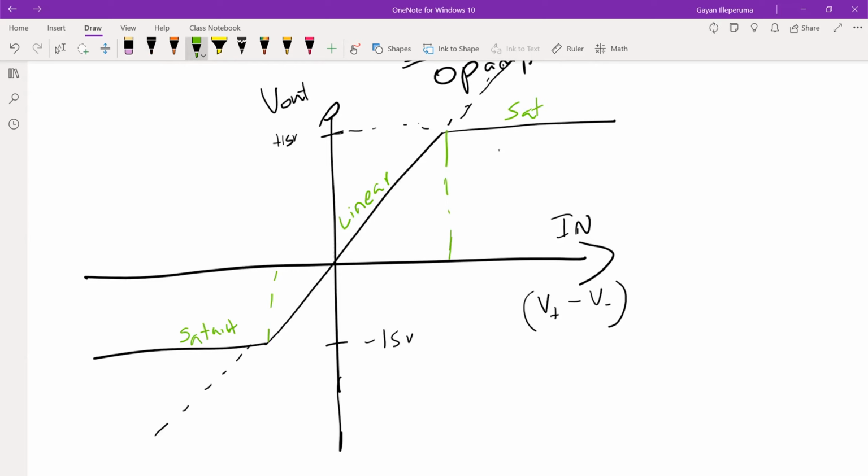Now, when you are doing calculations in the A levels or in level 4, one thing we usually try to do is make sure your calculations are within this linear region.